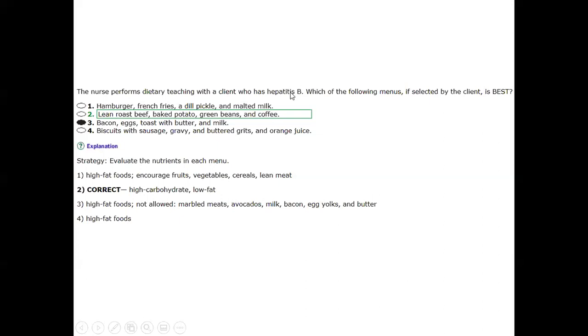Hepatitis B, we know, is transmitted by blood and body fluid, right? So what do we need to know? The liver is inflamed, so it is good to avoid fatty food. It is important to practice good hand washing and also follow the contact precaution.